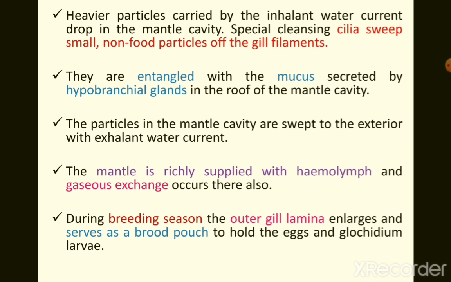Hence during breeding season the outer gill lamina becomes a little enlarged, and it acts as a brood pouch where it nourishes the zygote and its early development. And then once the glochidium larval stage is formed, it is dispersed out and the further development takes place, and that we will learn when we learn about the reproduction and life cycle in Unio.